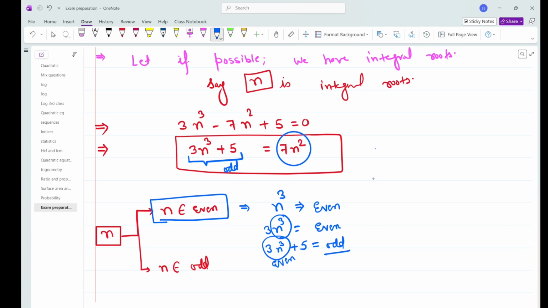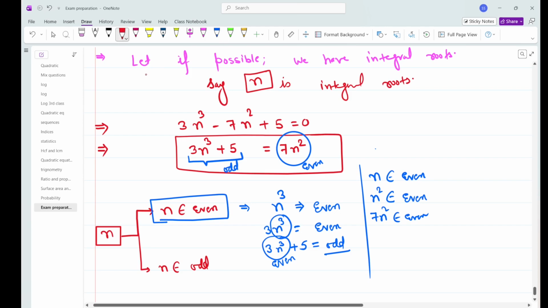Since n belongs to even, we are working in this case, so n square will also be even. 7n square will also be even, right? Wait, how do you know n belongs to even? You are not listening to my statements. We have considered two cases, and we are working in the first case.